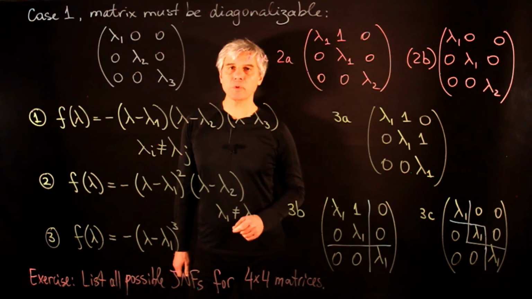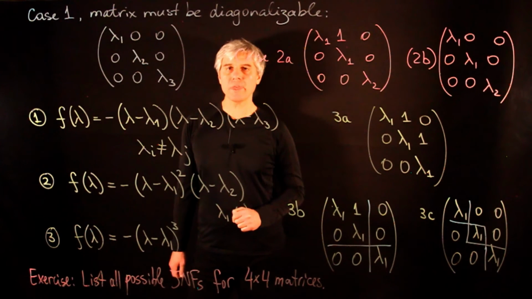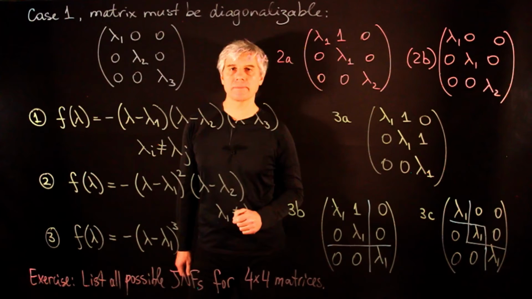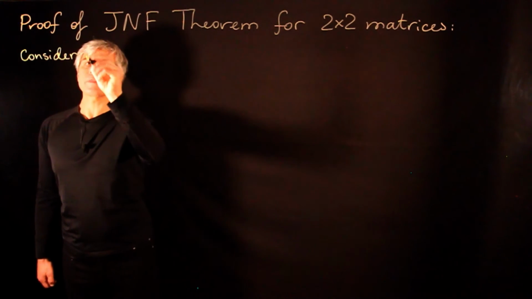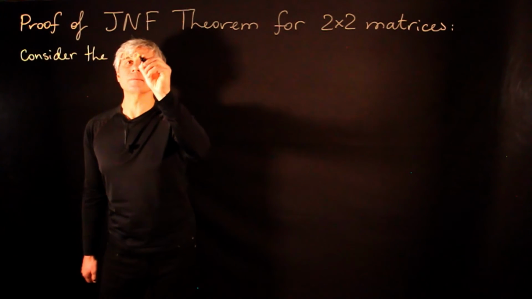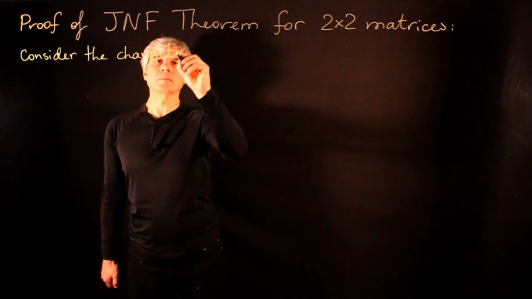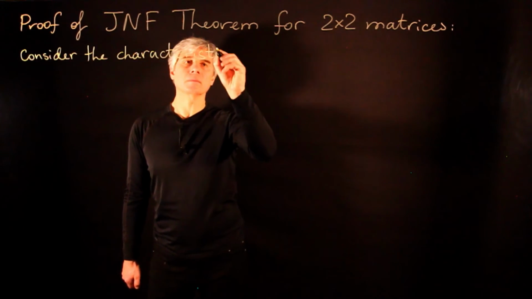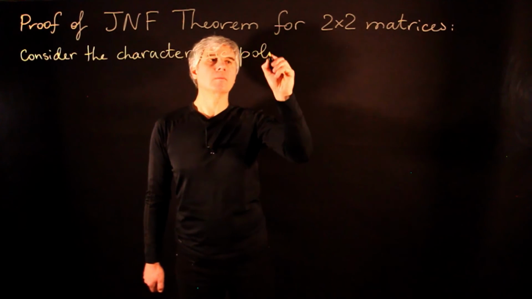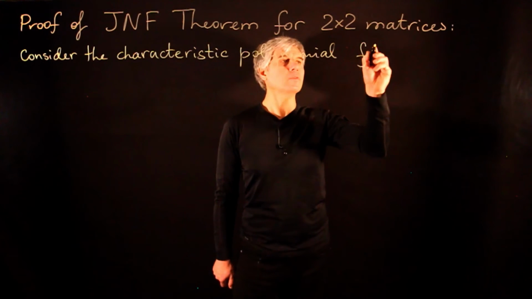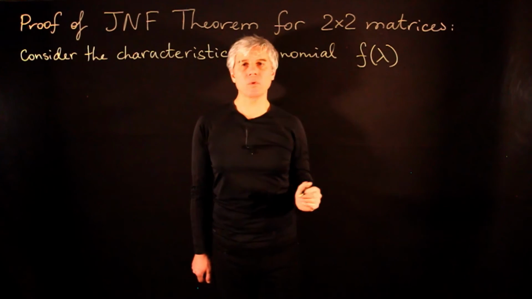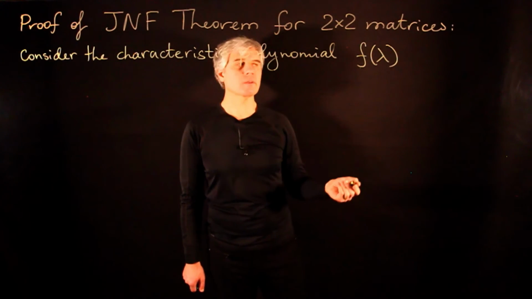Next, let us prove the Jordan normal form theorem for 2-by-2 matrices. Consider the characteristic polynomial f of lambda, and we know that over complex numbers we can factor this polynomial.